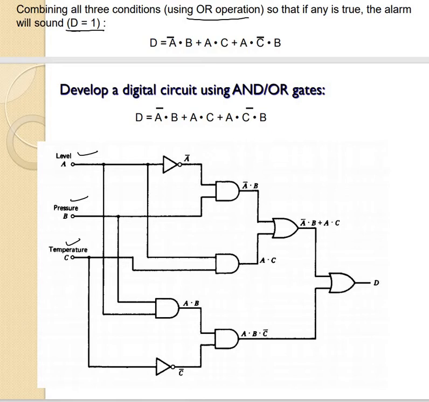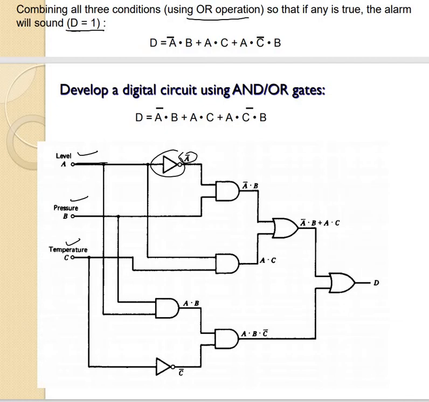We have three conditions. The first condition is complement of A and B. So at the level signal, we need to have a NOT gate so that we get the complement of A. This A must be multiplied with B, so we need to have an AND gate.